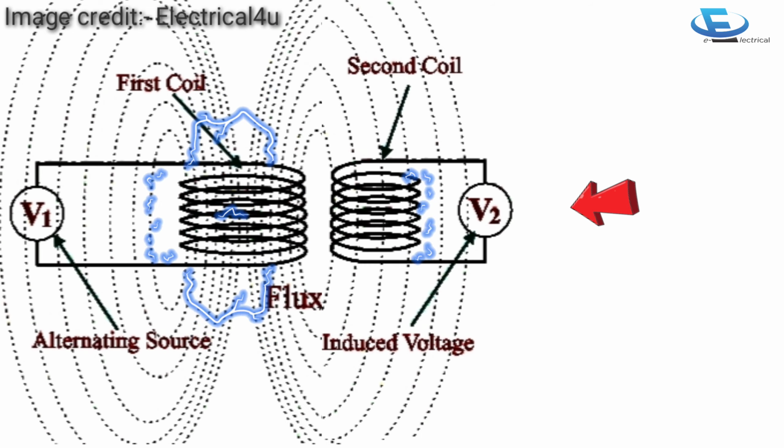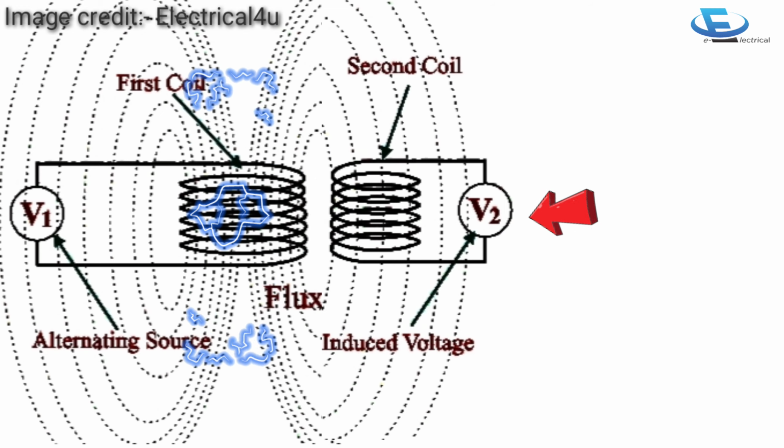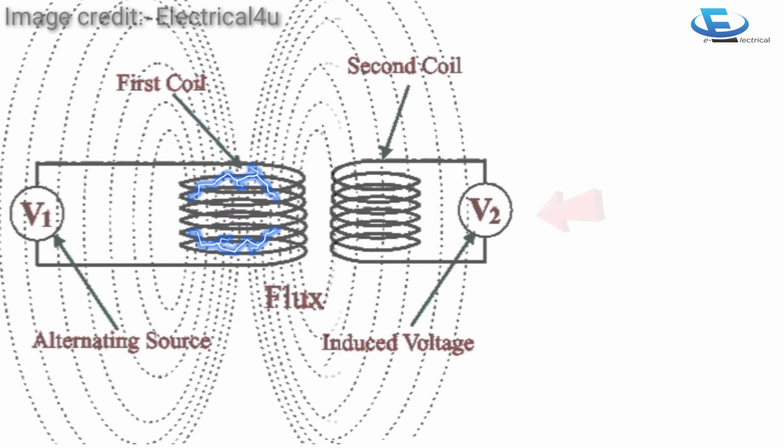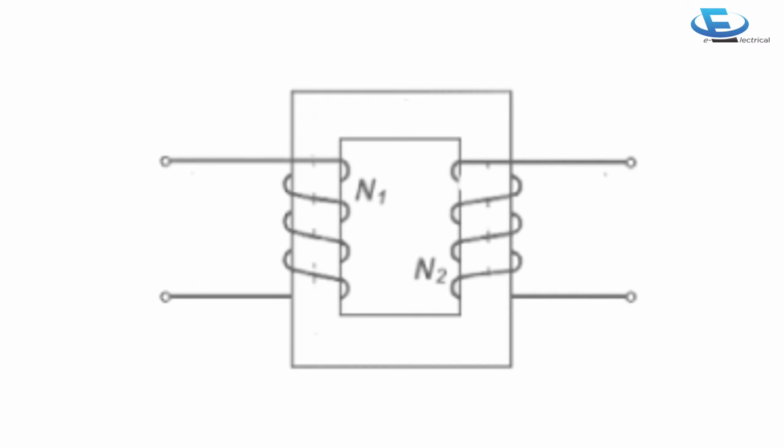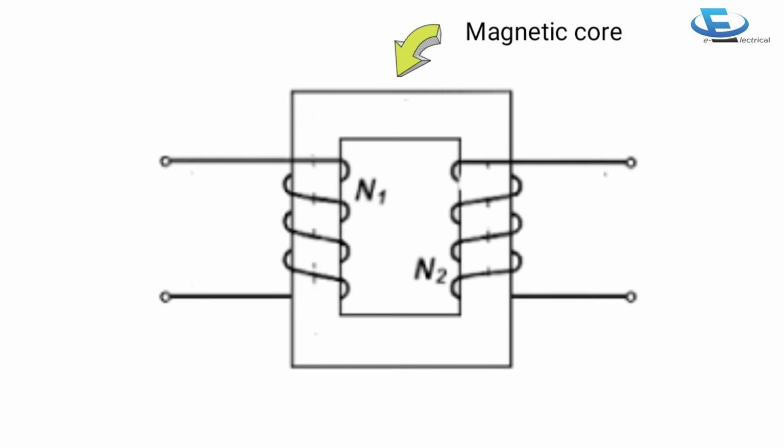So what happened basically, I will explain with the basic diagram of a transformer. It is like this. So in this diagram, this is a core. The core provides a path for magnetic flux.